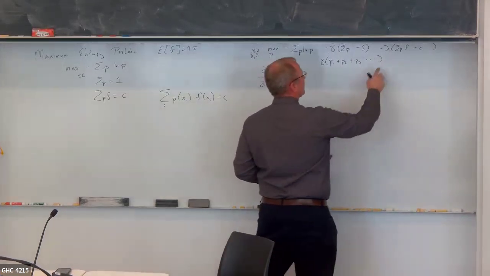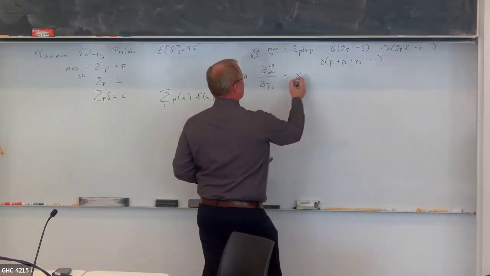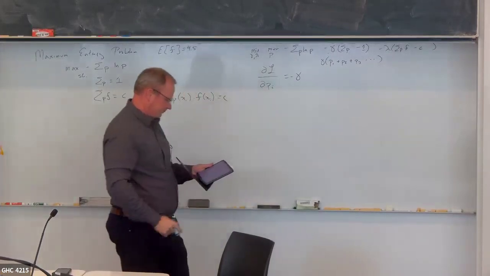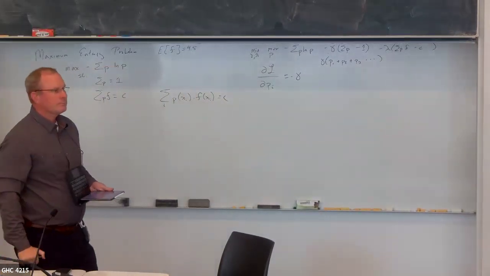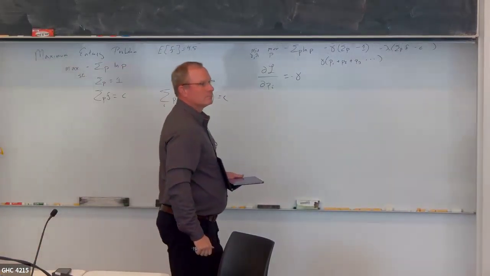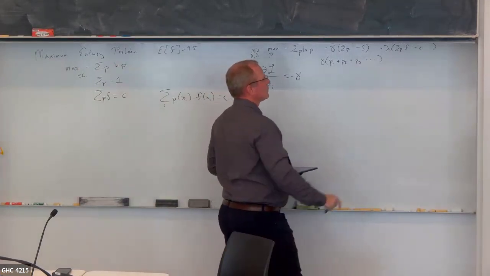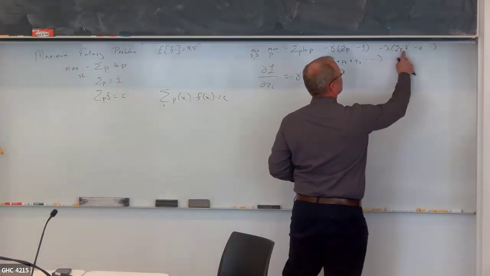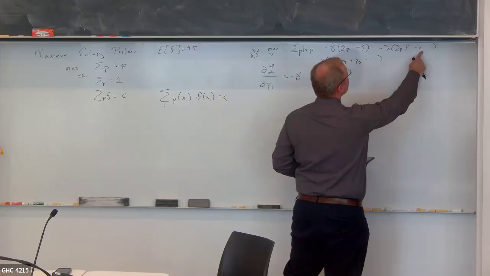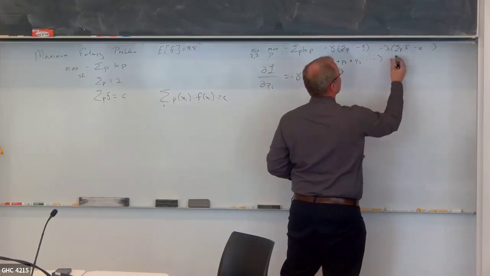Okay, what about this term over here? And it's minus gamma, right? What is this term really? Again, minus lambda times minus c is not a function of Pi, so it's really just minus lambda times what?